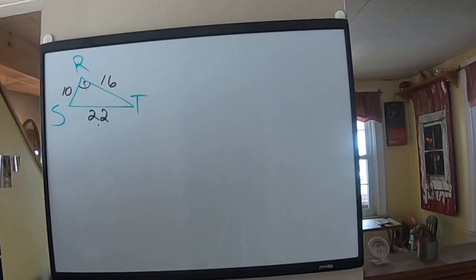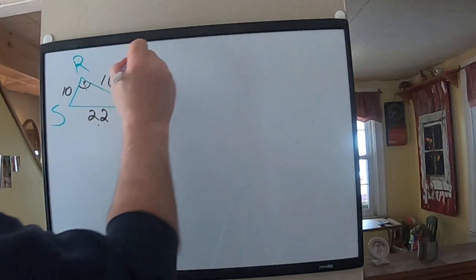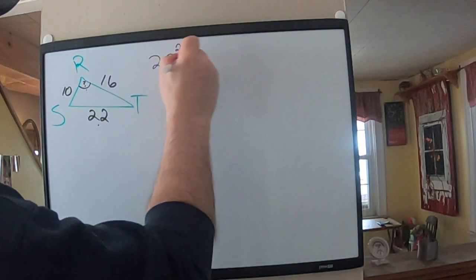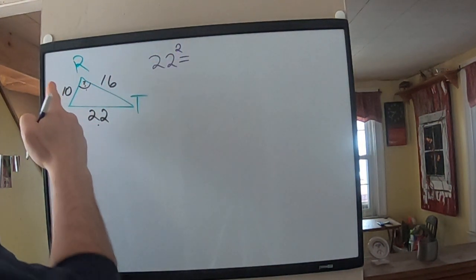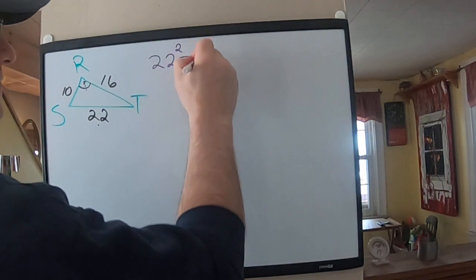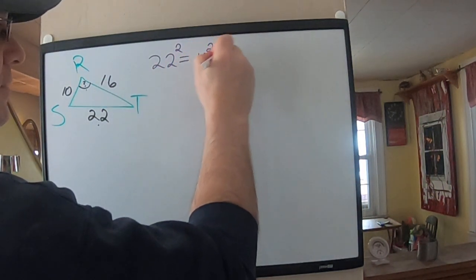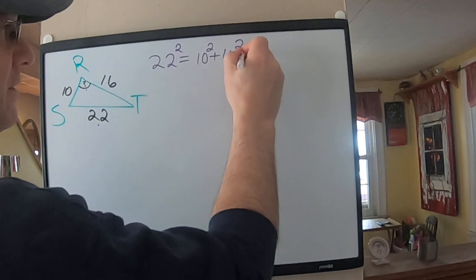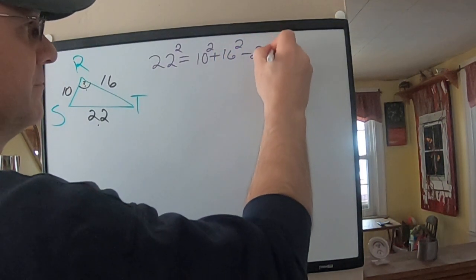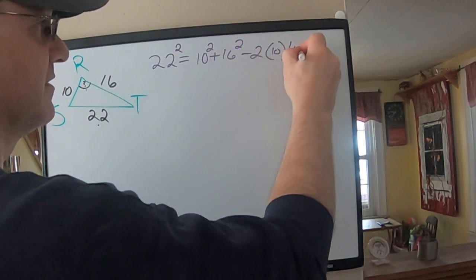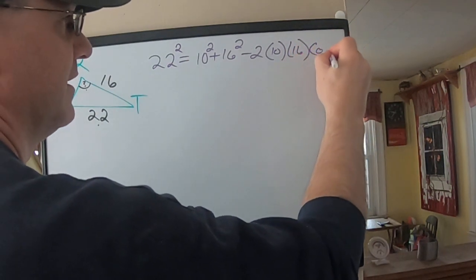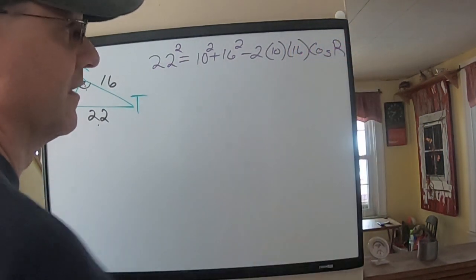And when I write it all out, I'm just going to write 22 squared equals. Now I'm going to put these in numeric order: 10 squared plus 16 squared minus 2 times 10 times 16 cosine of angle R.